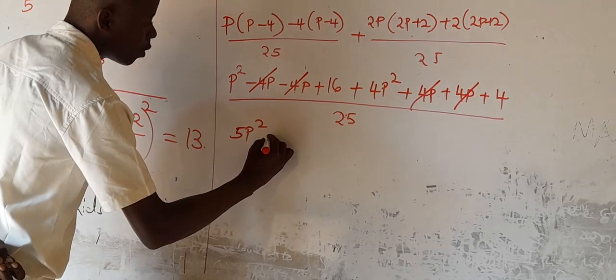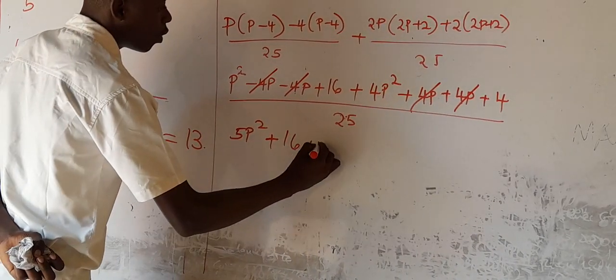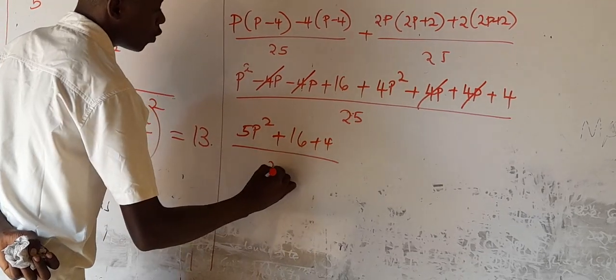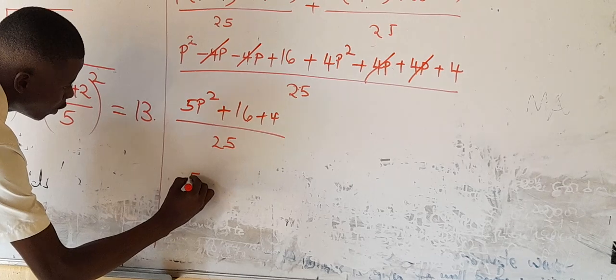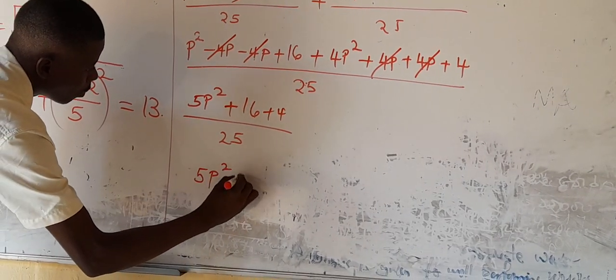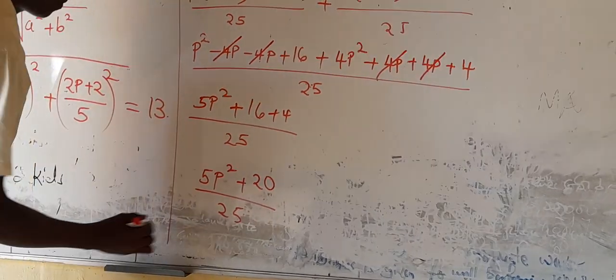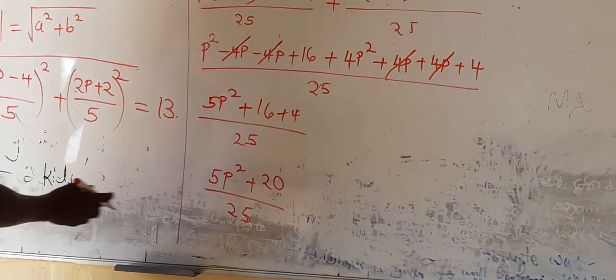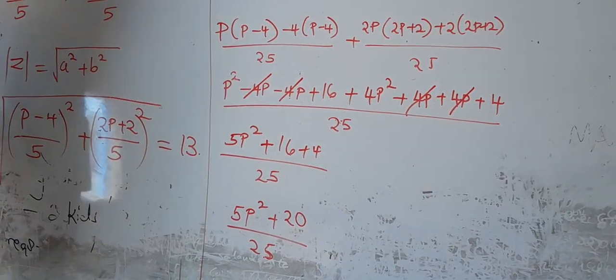So we'll remain with plus 16, and then plus 4 over 25. So this one will give us 5P squared plus 20 over 25. So this one now is what is inside the square root sign.